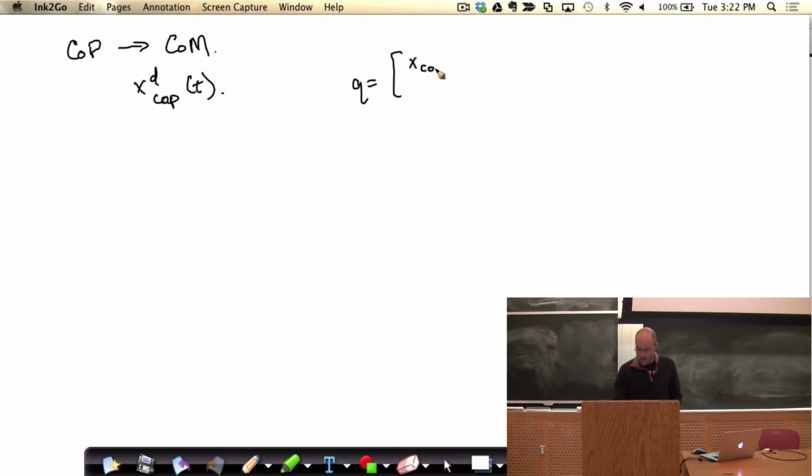Let's say I've got my X center of mass and my Y center of mass. Okay, the dynamics of this thing are something that I can write down. This is the first time I'm going to make an assumption, make a simple model.